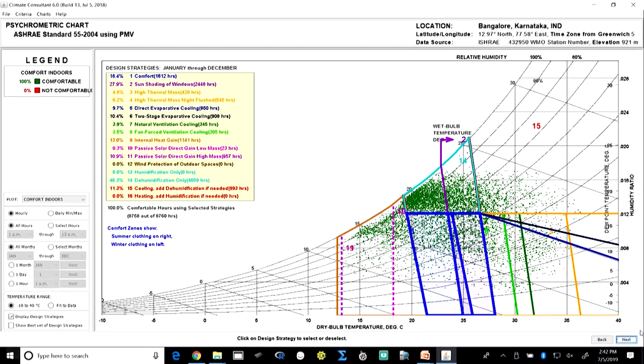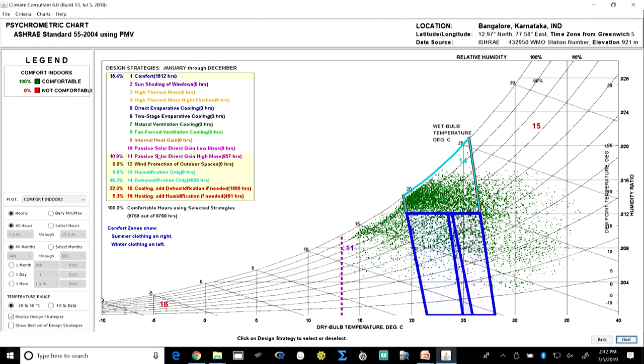Now we come to this. So, if I take off all these strategies, we can see that without doing anything, the climate of Bangalore has around 18.4% hours as comfort, but we can also see the spread.